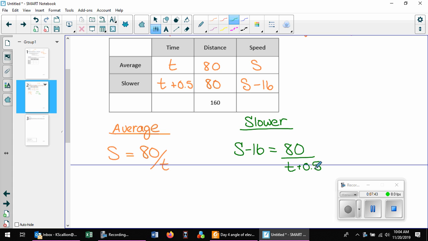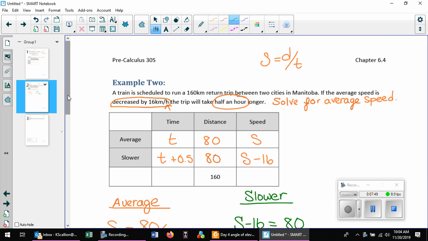But it shouldn't be like for 160 kilometers takes half an hour extra rather than 80 kilometers. Okay, I see what you're saying. Not the whole trip, just half the trip. Oh, it's like one side. One direction, yeah. Sorry. So that's my fault, not your fault.